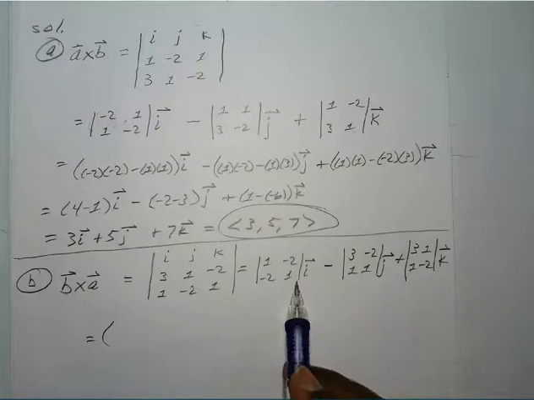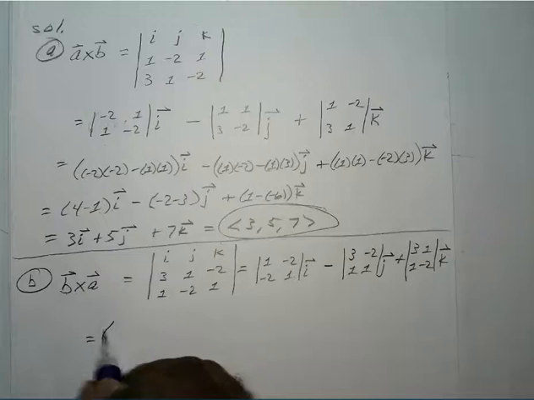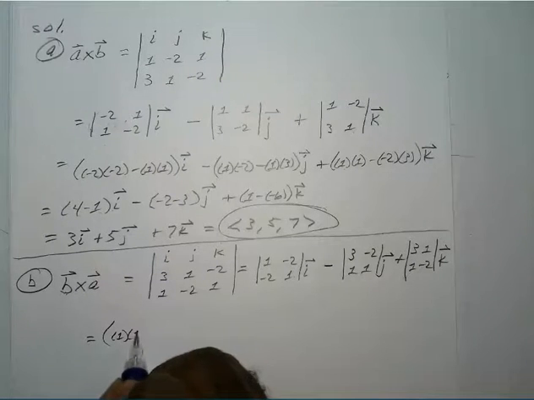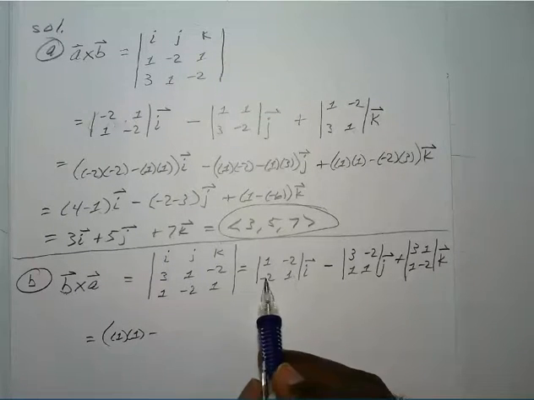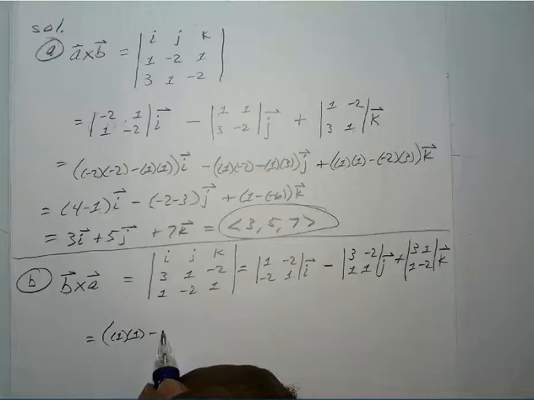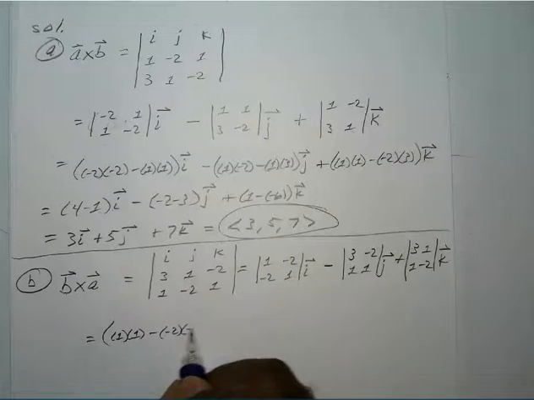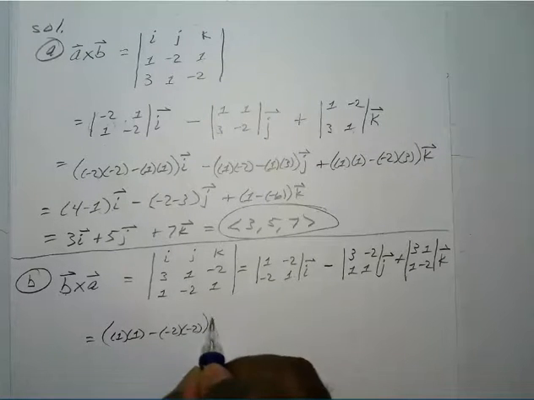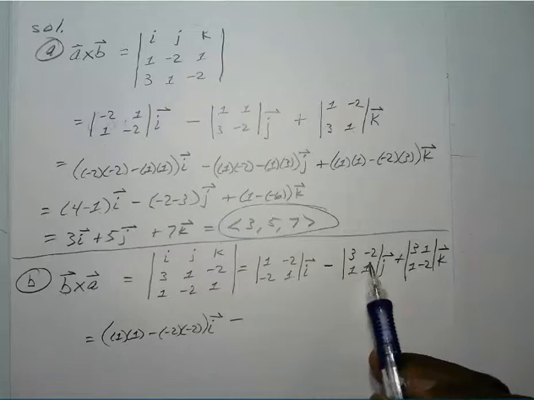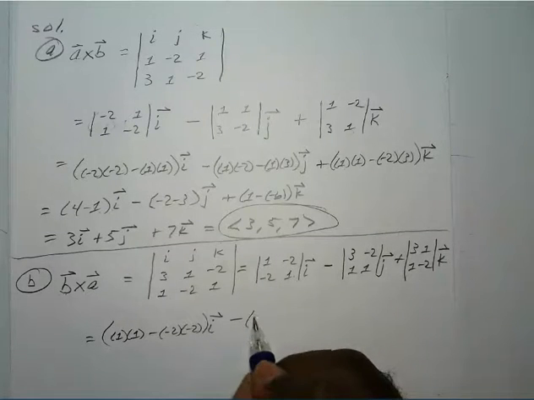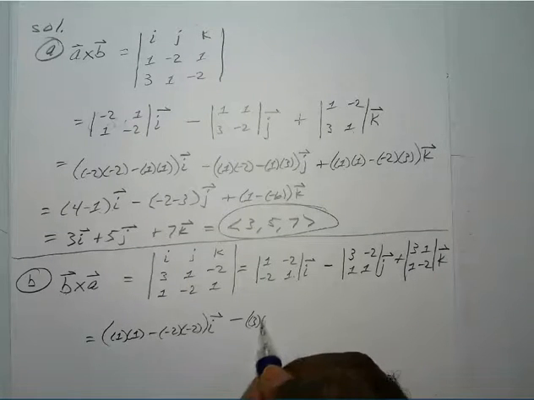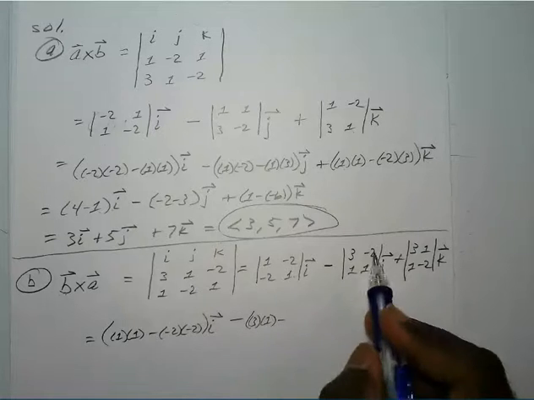Okay, so for our i vector, we have 1 times 1 minus negative 2 times negative 2, times our i vector. Minus, we have 3 times 1 minus negative 2 times 1.